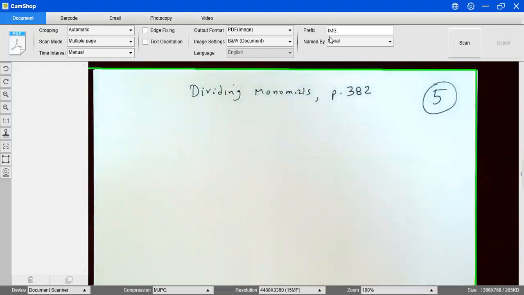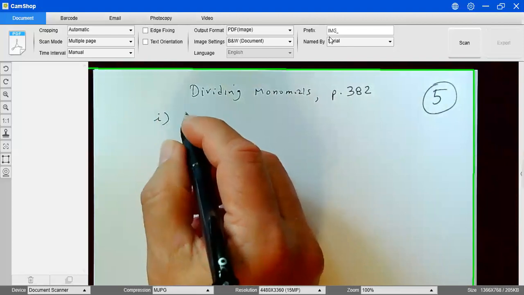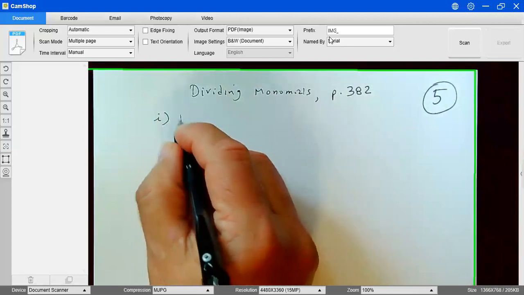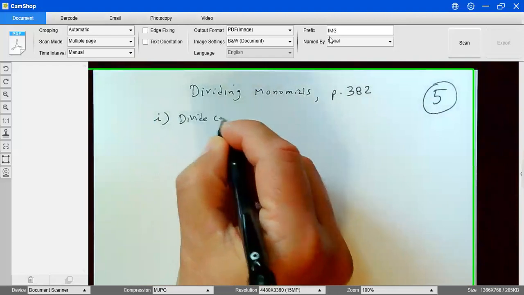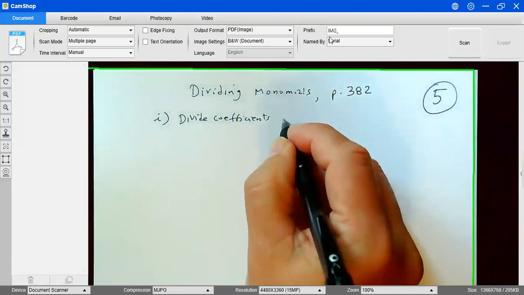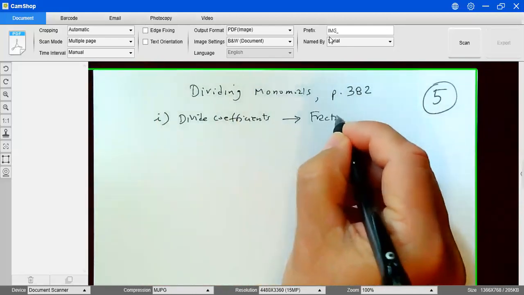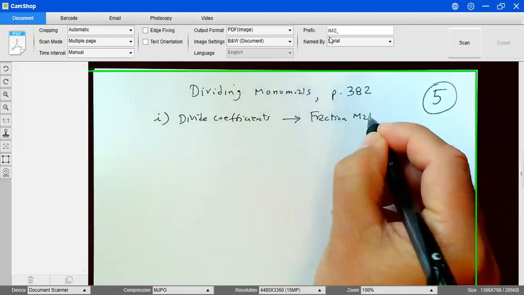So the rules are very simple, similar to the multiplication of monomials. So we're going to divide coefficients. So we need our fraction math. Remember, this is important.